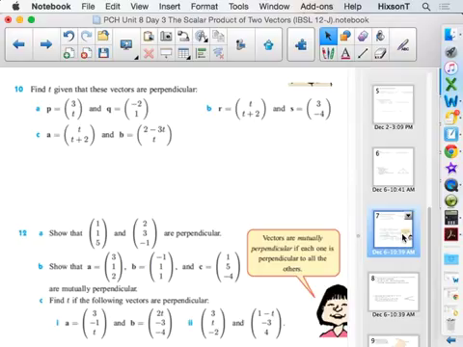So like down here, find t to make them perpendicular, and they introduce this term mutually perpendicular. In other words, everything's perpendicular to everything else, which you can do in three-dimensional space. You can have a right angle here and a right angle here and then a right angle out here.